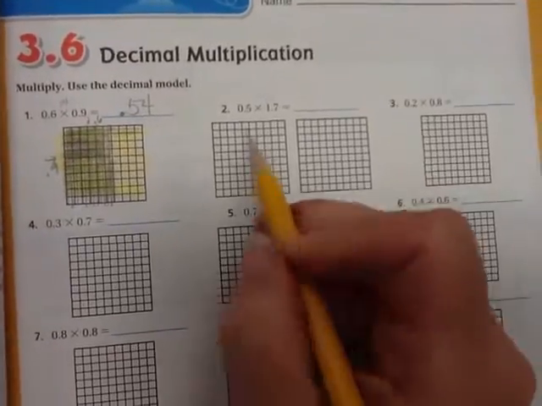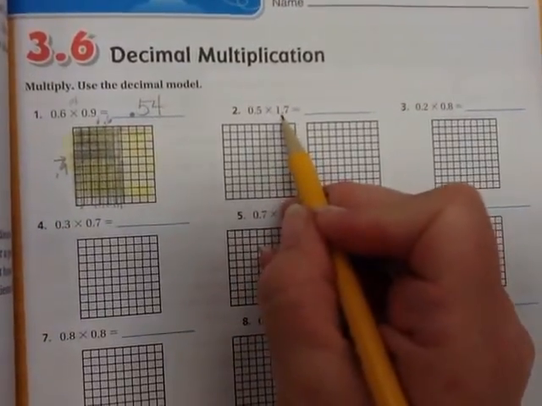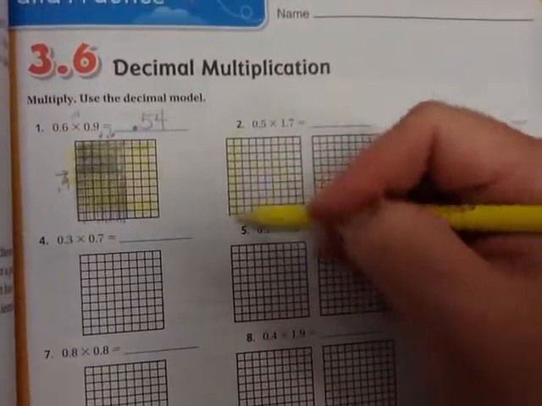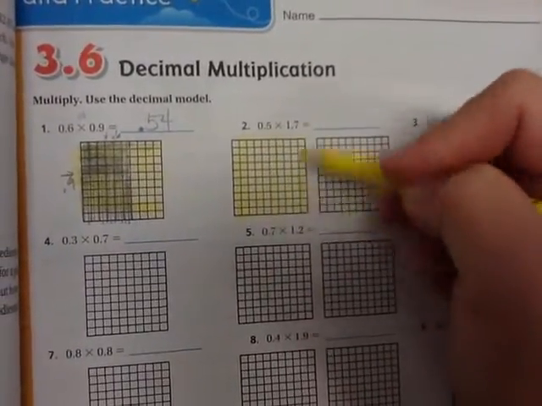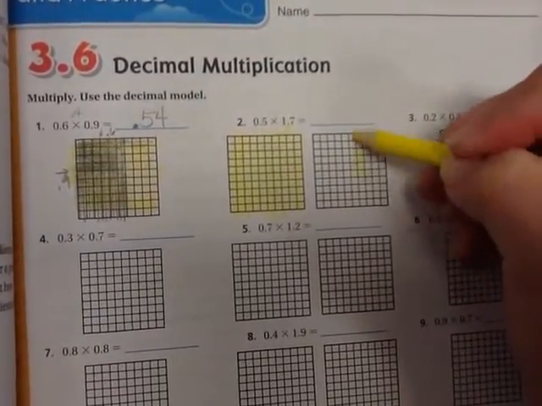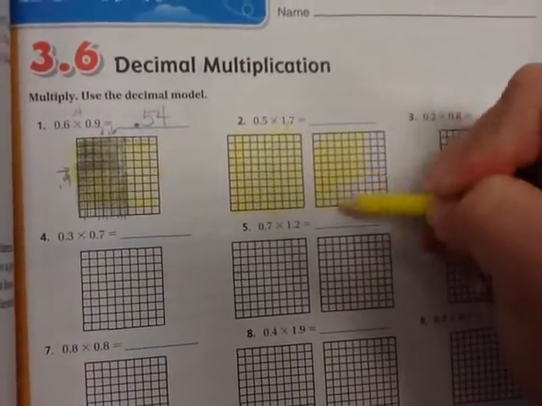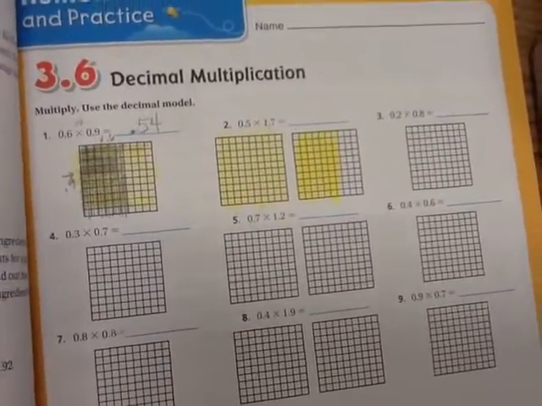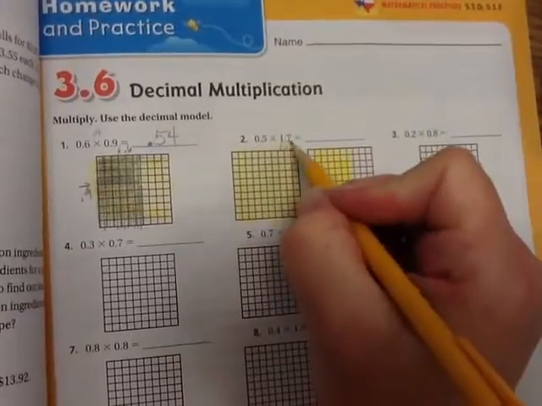Okay, right here. 5/10 of 1 and 7/10. So 1 and 1, 2, 3, 7/10. I did this way. So that's my 1 and 7/10.